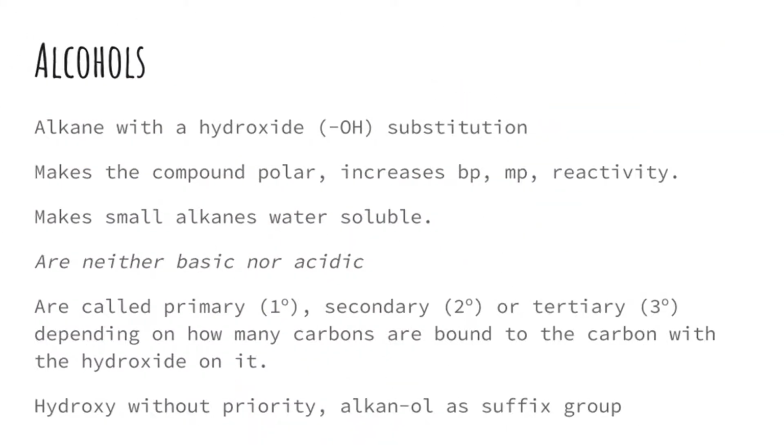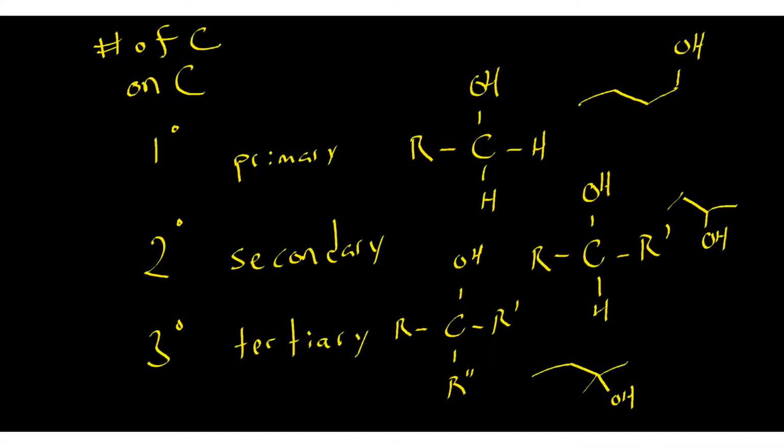They're called primary, secondary, and tertiary, similar to amino groups or amines. But it's a different sort of organization. Instead of how many carbons are bound to the oxygen, it's how many carbons are bound to the carbon bound to the oxygen. So we're looking at not the hydroxide itself, but the carbon bound to the hydroxide.